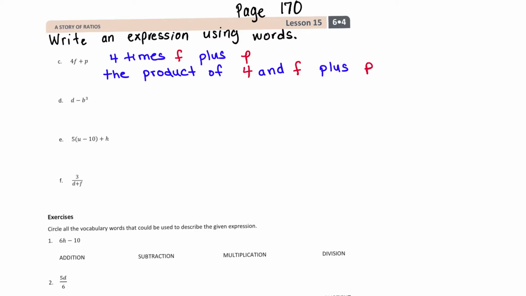Keep in mind, there's always more than one way you can write your expressions in words. So just write one. Let's look at the second one.